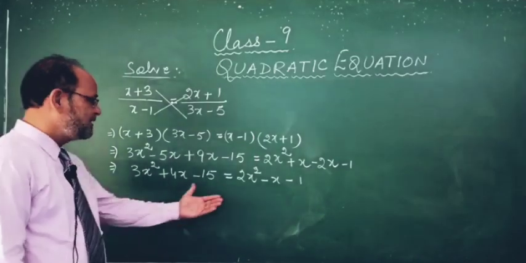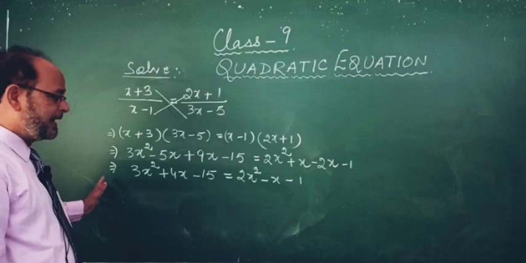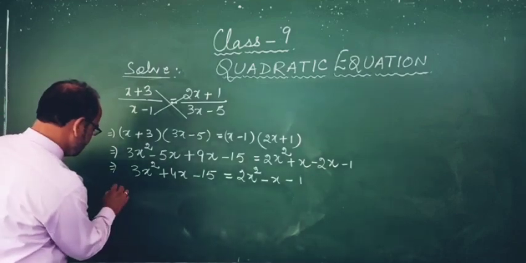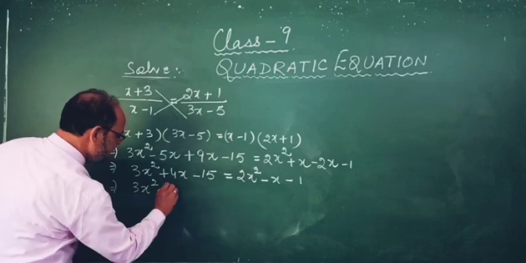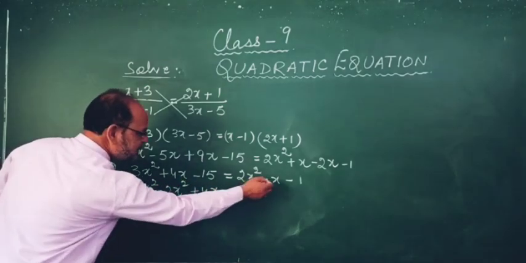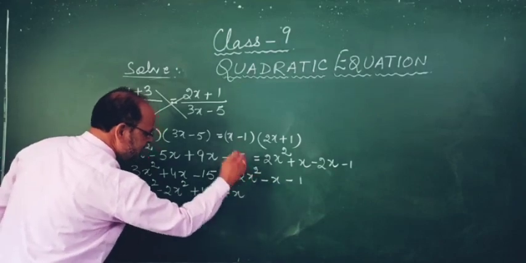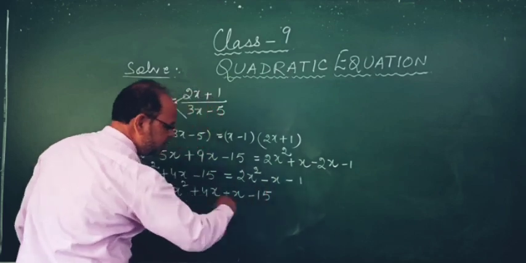Now we will collect all the terms to the left of the equal sign. So the situation will be 3x square, minus 2x square you bring down this side, plus 4x, and then minus x you bring down this side, plus x, and minus 15, and then negative 1 you bring down this side.